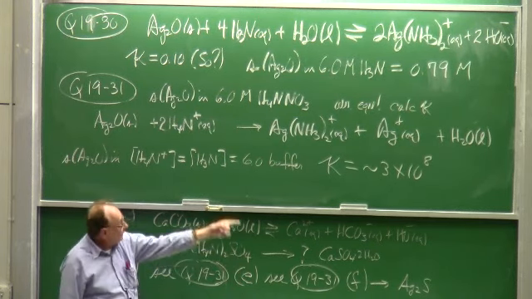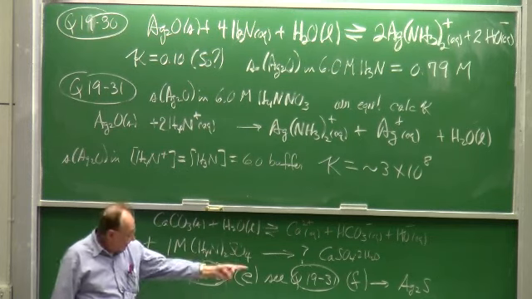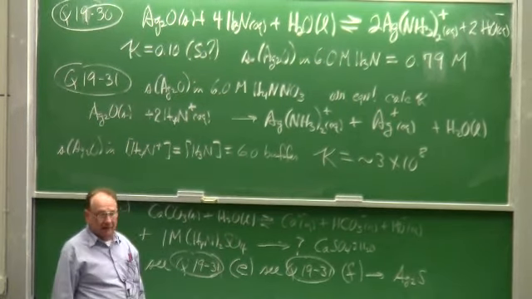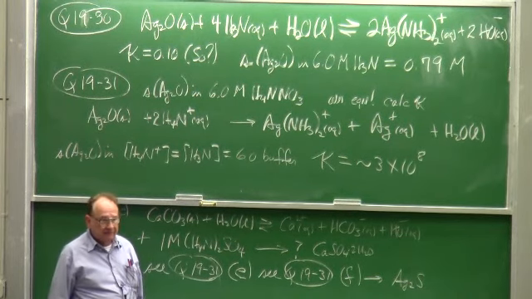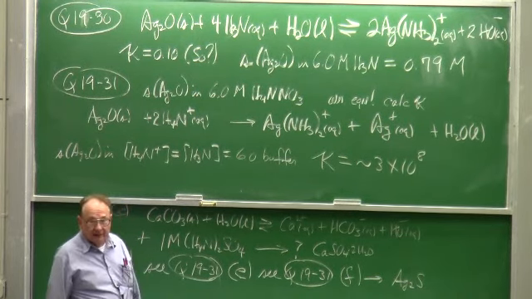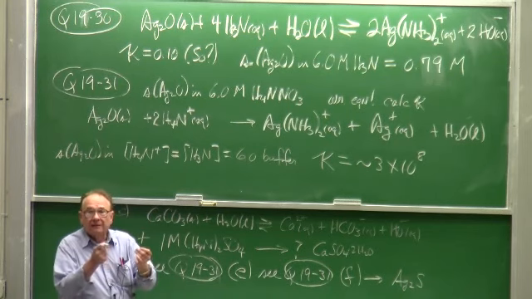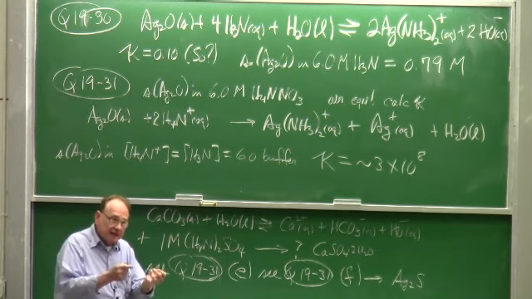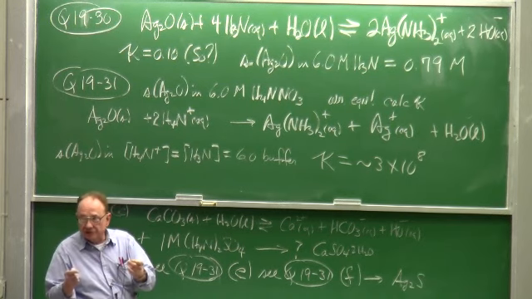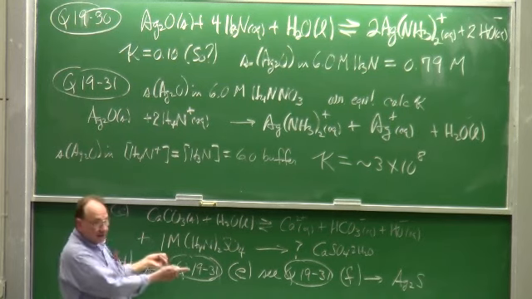It's a heck of a lot more stable than the silver ammonia complex ion. It's a heck of a lot more stable than silver chloride. The information on our information sheet tells you that. So, if you pay attention to the system in terms of inventory, you have a chance to make correct decisions regarding the outcomes of each of these systems.